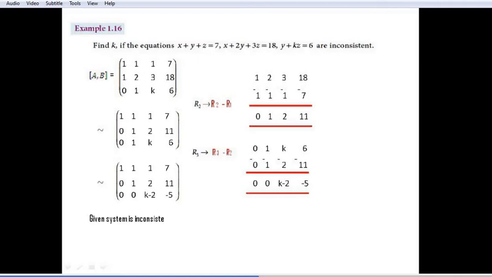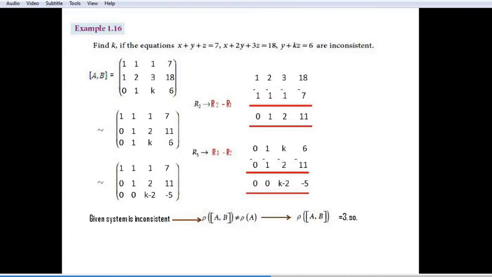Given that the system is inconsistent, rank A and rank AB are not equal. Here you see that rank AB is 3, because the number of non-zero rows is 3, because here is a minus 5.